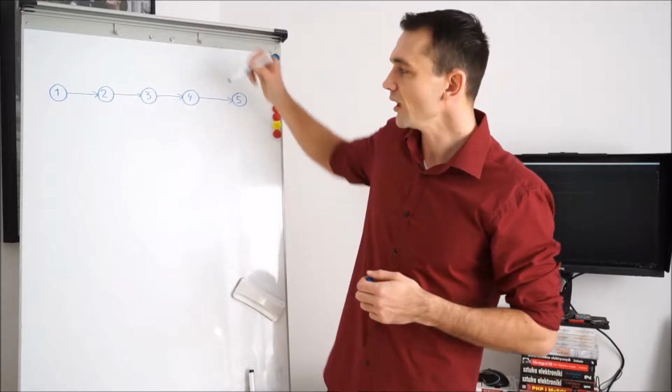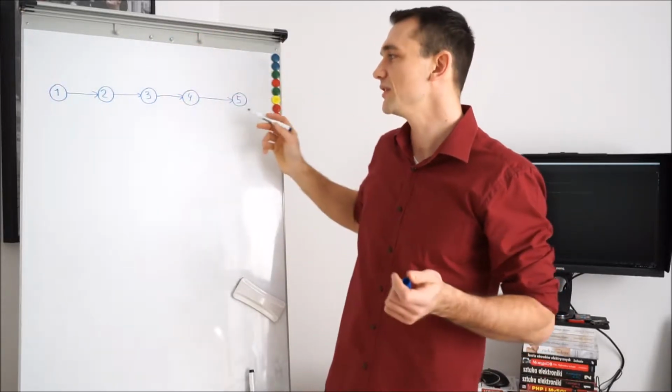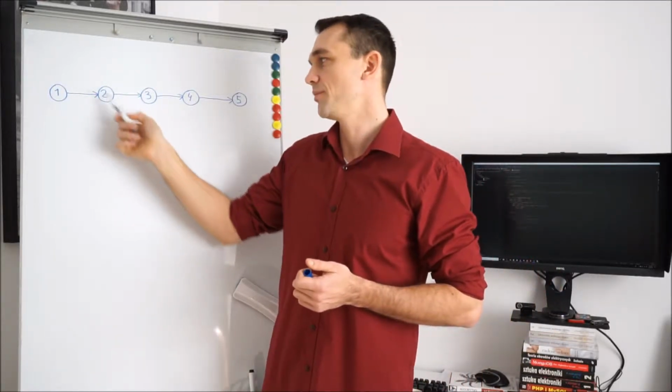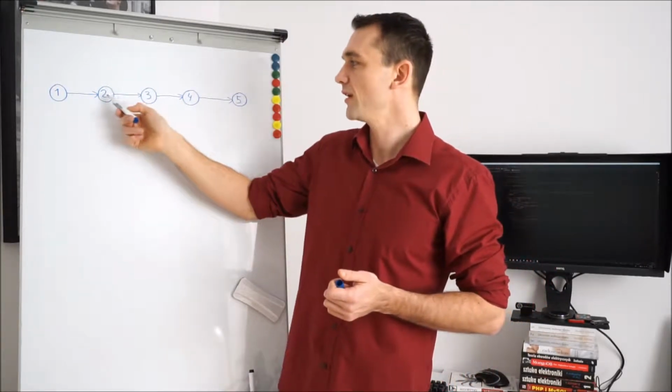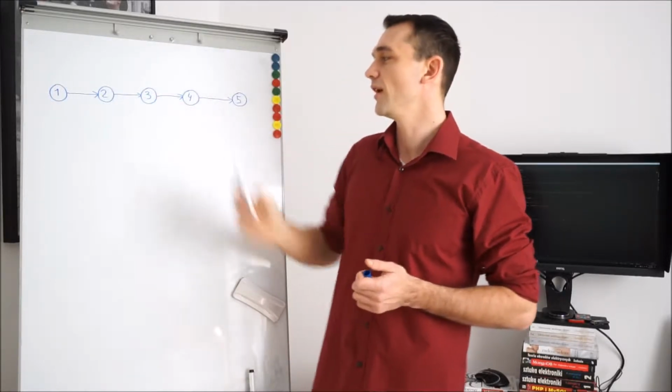Because if we want, for example, to remove an element from this list, we just change the pointer in the preceding element. So after removing element 3, we just change the pointer of 2 to point to 4.